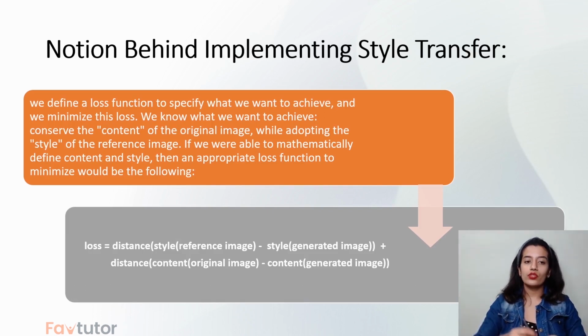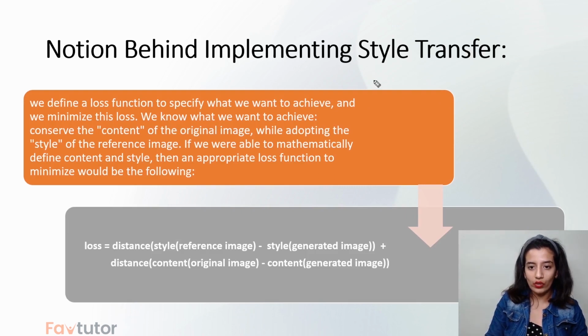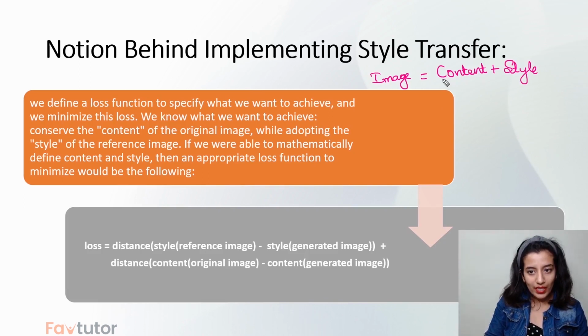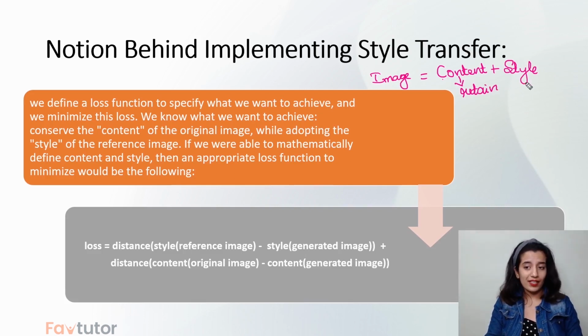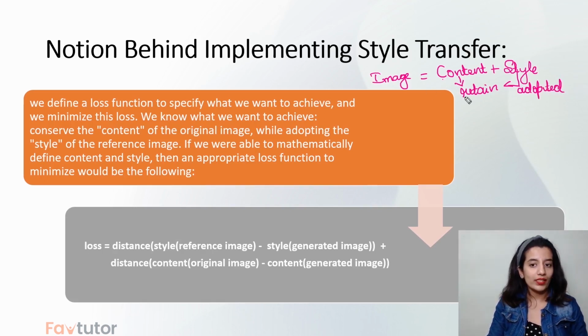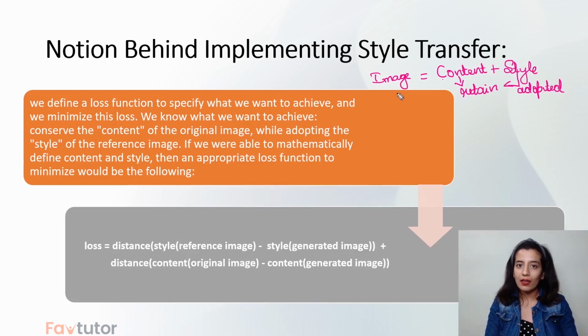The notion behind style transfer is that the image we are going to generate is nothing but the combination of content plus style. We should retain the content, and the style should be adopted to the given content, and together the combination will give you a new generated image which looks like a painting.